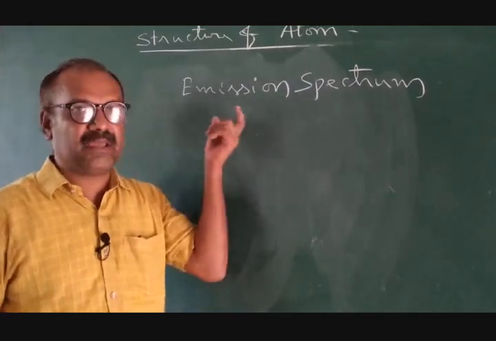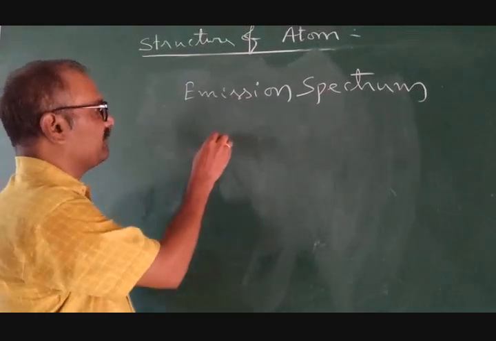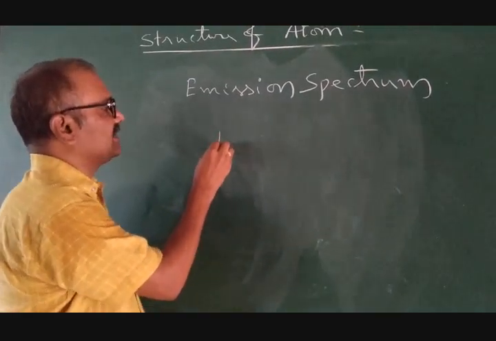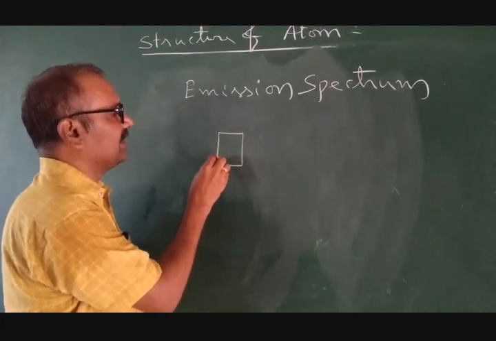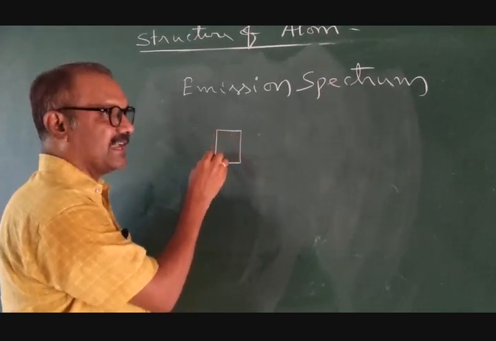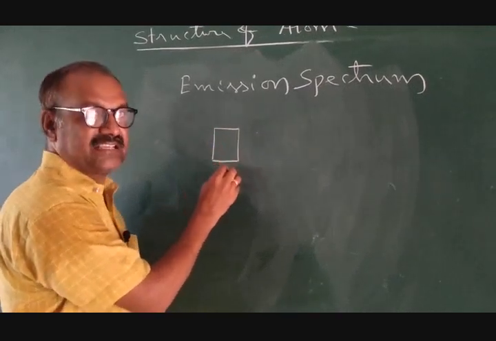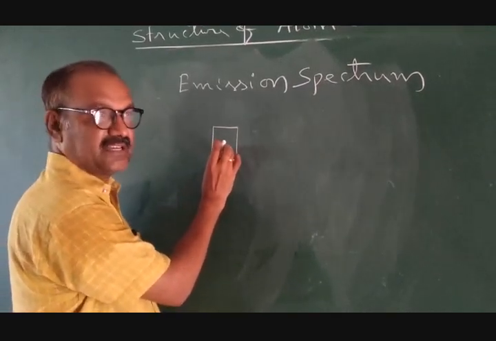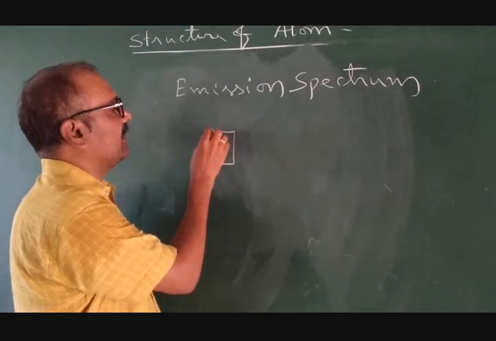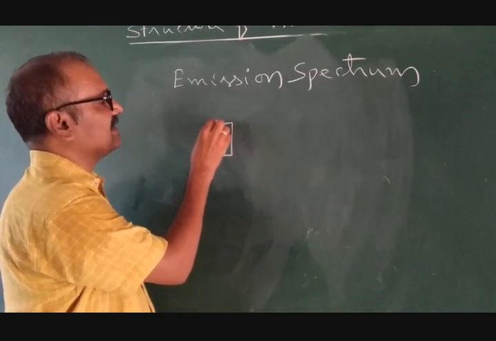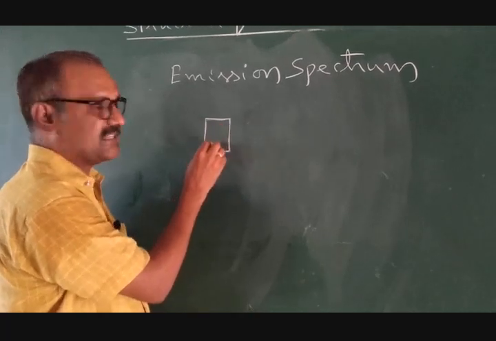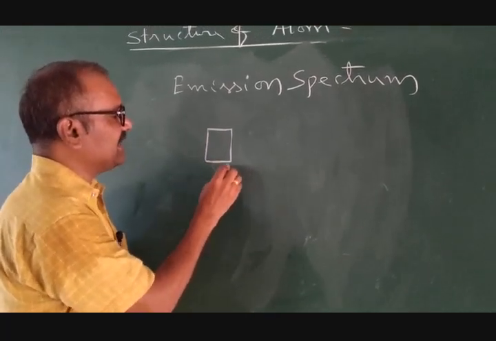Now I would like to explain about emission spectrum. Emission spectrum means, for example, some substance, that means any atom or molecule, is taken in a vessel in gaseous state. This is a glass vessel, and in this glass vessel some gaseous substance is taken.